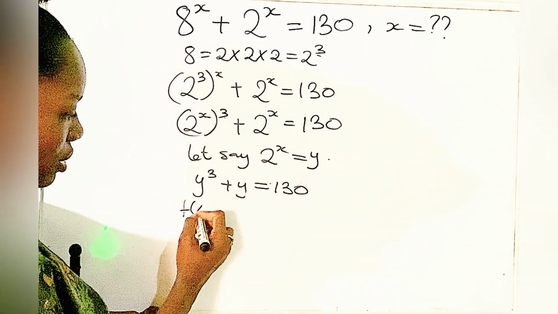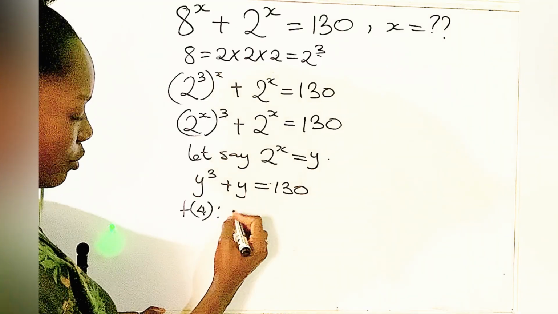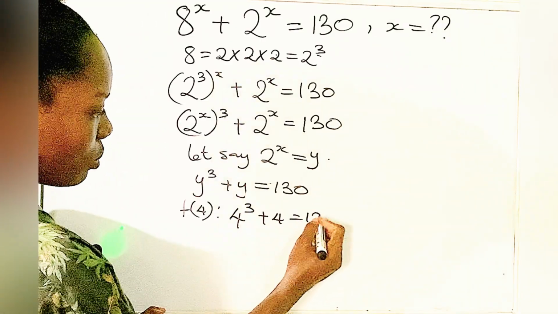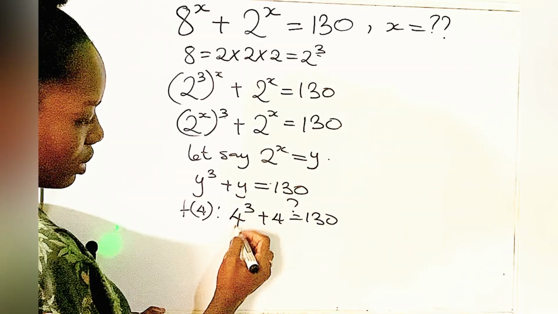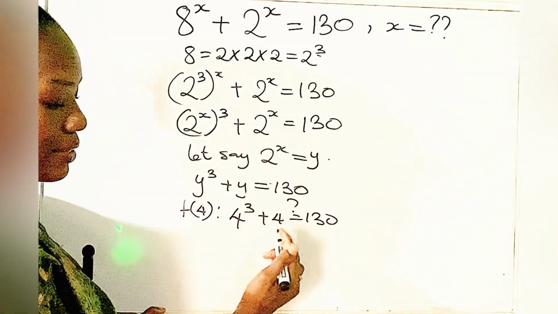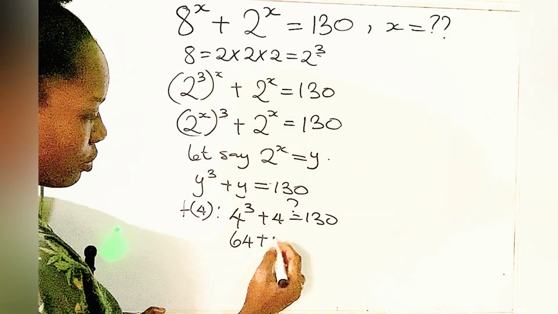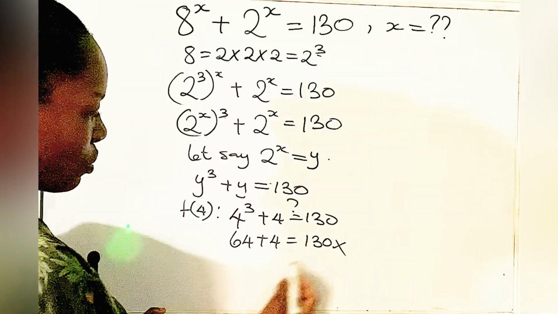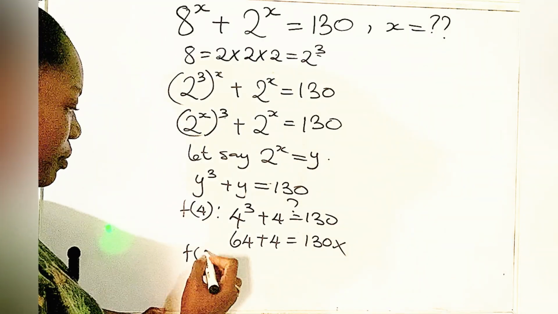So 4 to the power of 3 plus 4, is it equal to 130? This is 4 times 4 times 4, that's 16 times 4, that's 64, plus 4. No, it can't give us 130. So this is wrong.